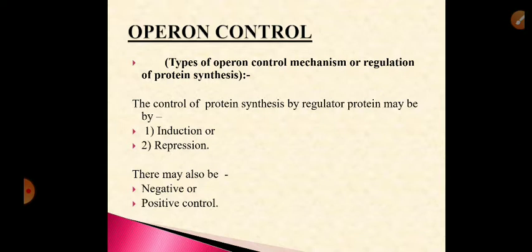The expression of Z, Y and A genes is controlled by regulator protein. How? By two mechanisms: number one, induction or inducible system, and number two, repression or repressible system. There can also be two more types of mechanism, negative control of operon and positive control of operon.